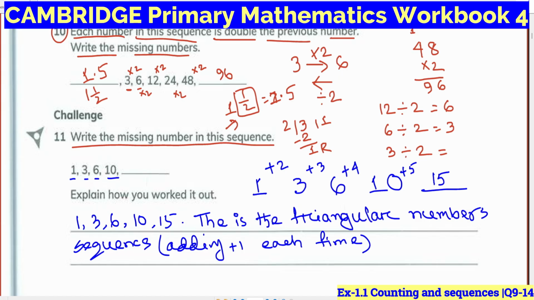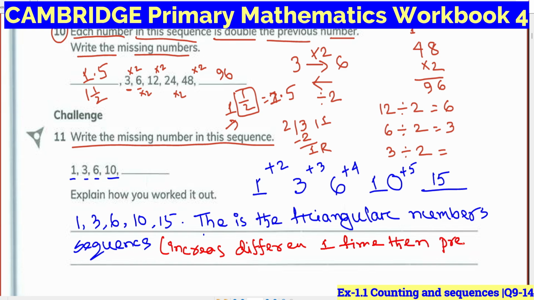Or we can say not actually adding 1 each time, but the difference increases by 1 compared to the previous.